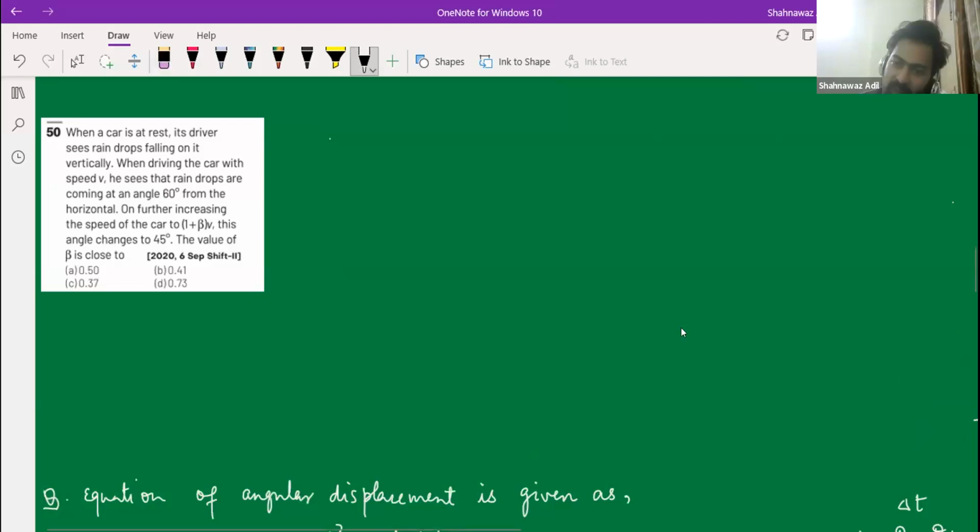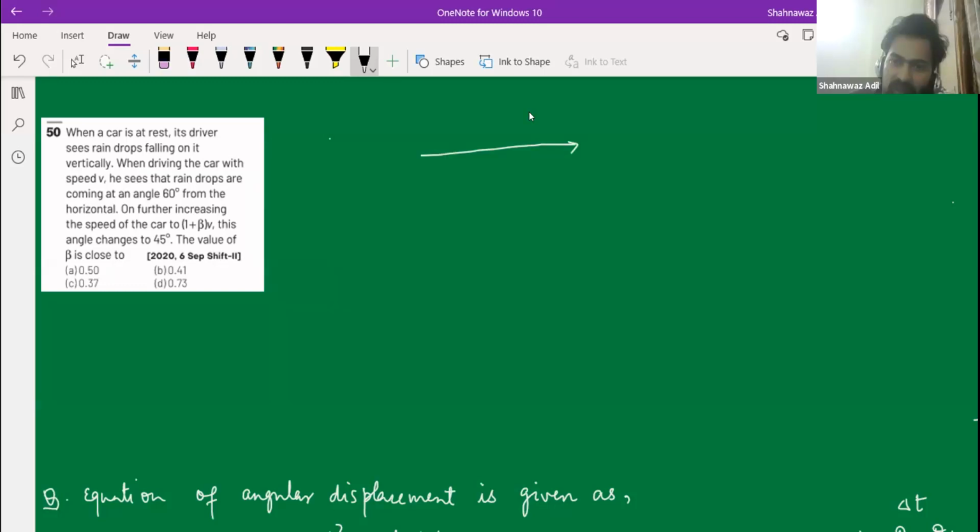Okay, so let us do this question. This is a tough question. When a car is at rest, its driver sees raindrops falling on it vertically. When driving the car with speed v, so now we will use the idea of relative velocity, he sees that raindrops are coming at an angle of 60 degrees from the horizontal. So we have this thing, right?